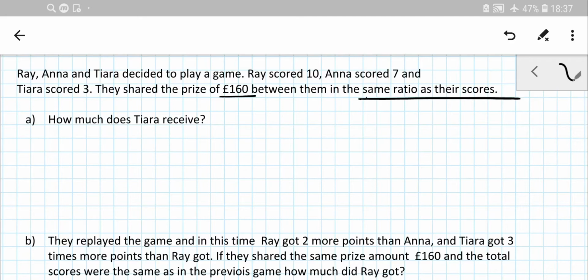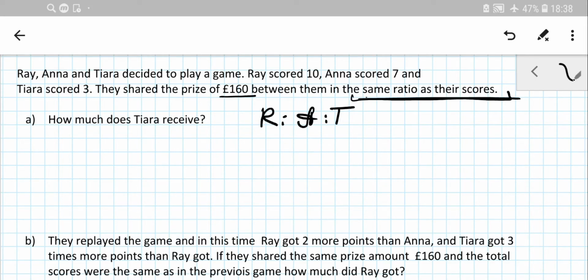First of all, set up the ratio of their scores, because no matter what you need to calculate, you need to set up the proper ratio for your task. So let's say R, A, and T are the scores for each person.